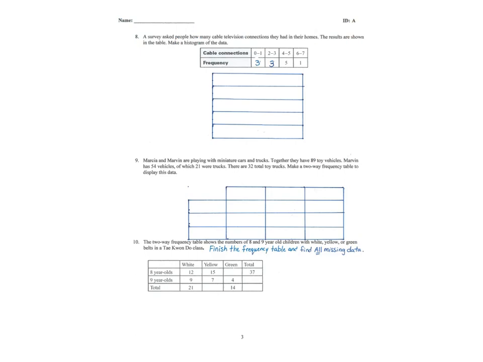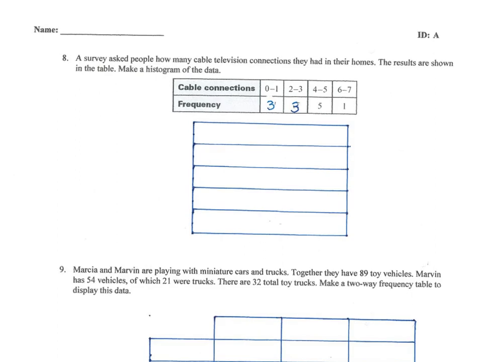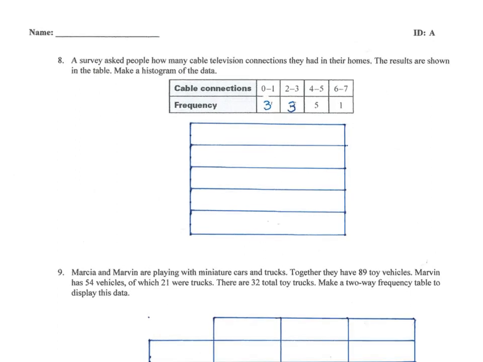Okay, number 8. A survey asked people how many cable television connections they had in their homes. The results are shown in the table. Make a histogram. This is a bar graph that touches. They keep touching. So here's your different bars. This is how high they need to go. So our frequency is 1, 2, and 3.